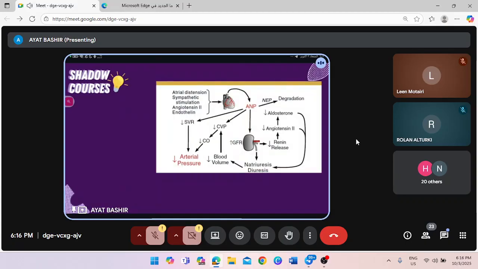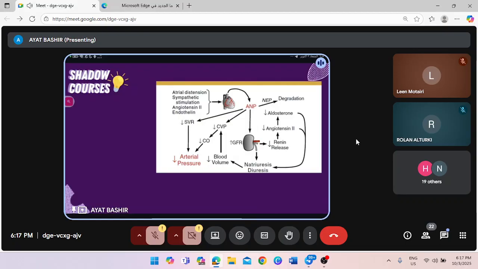The third thing that we have here is the atrial natriuretic peptide, which is very important in the regulation of blood pressure. It relates to volume, whereas before it was related to pressure. The baroreceptor relates to pressure, but here it relates to volume.